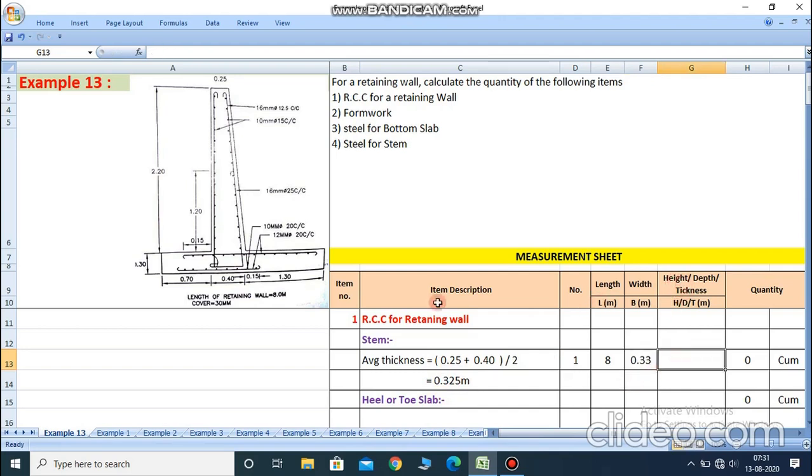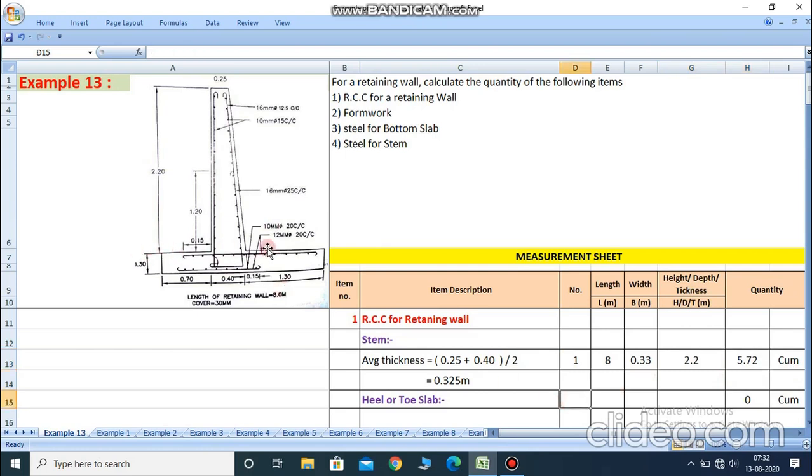Height is given from the top of the stem to the toe part, 2.20. So the total quantity for the stem part is 5.72 meter cube.